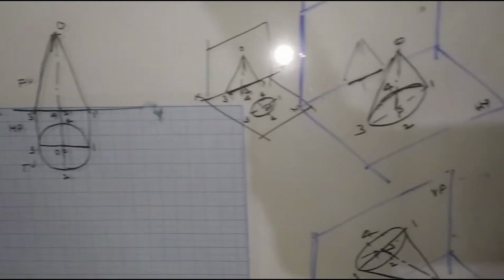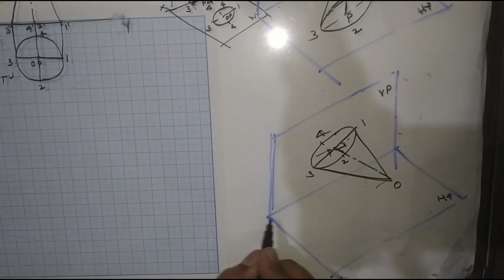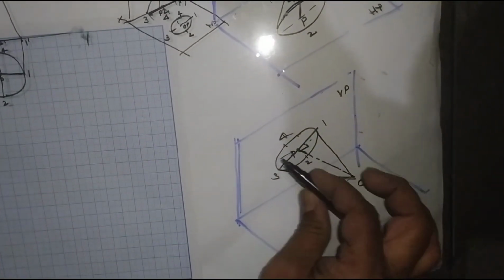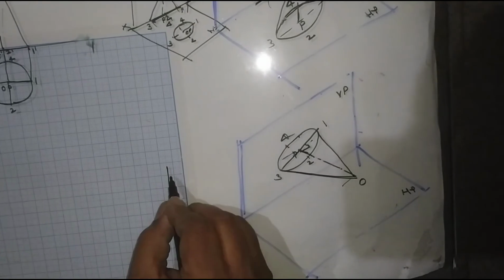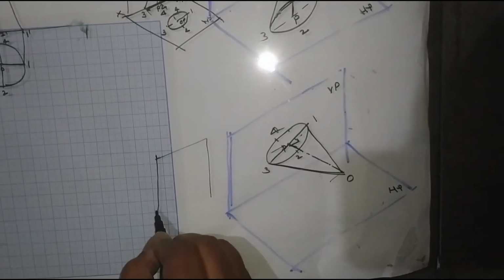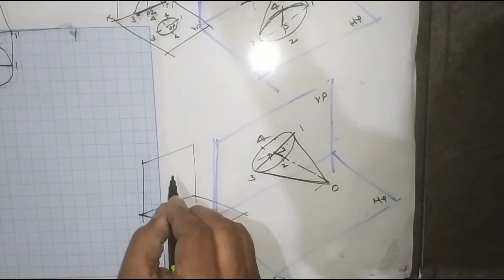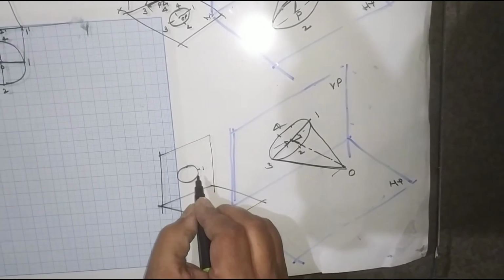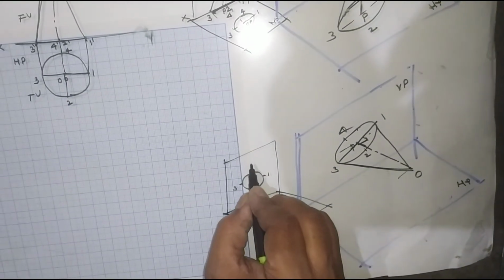Now in the second case, the axis is perpendicular to VP and parallel to HP. It is parallel to HP and perpendicular to the vertical plane. Here, if you observe in the front view, this will be the circle. I will name it 1, 2, 3, 4.